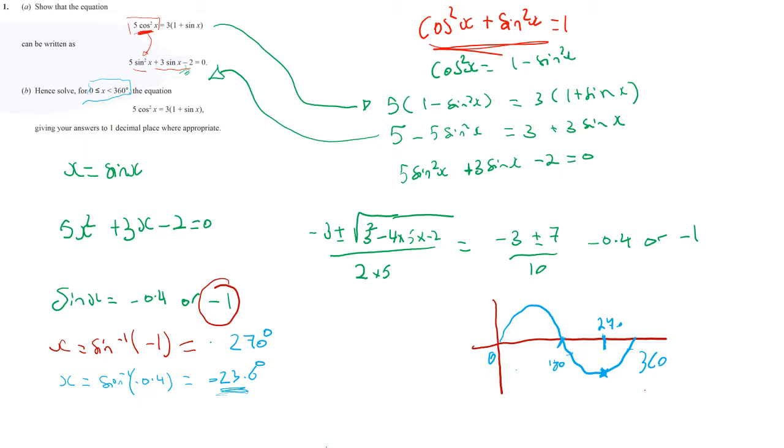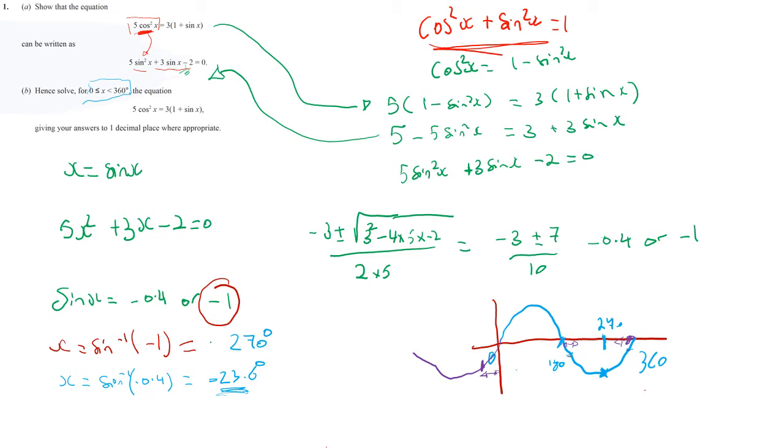So if I just draw an extra graph here, negative 23.6 will be somewhere here. If I add this part here to this part here and subtract it from this part here, I should get my numbers.